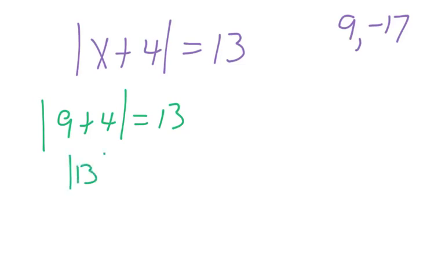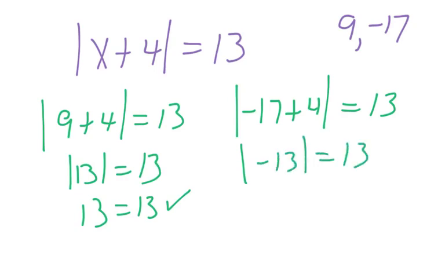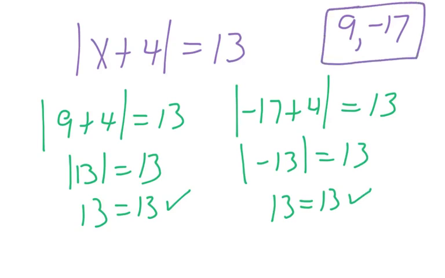The absolute value of 13 is 13, and that checks. Then check negative 17: does the absolute value of negative 17 plus 4 equal 13? Negative 17 plus 4 is negative 13. The absolute value of negative 13 is 13, it checks. So 9 and negative 17 are the answers to that example.